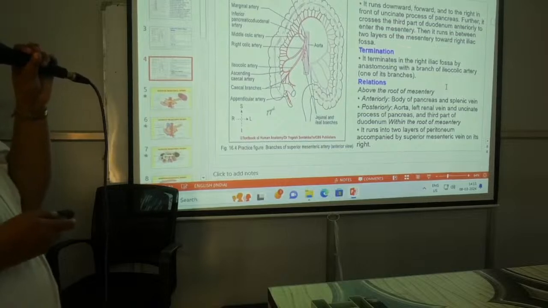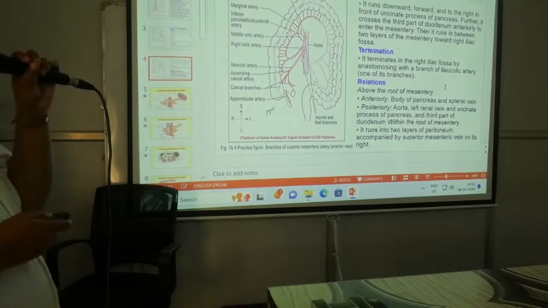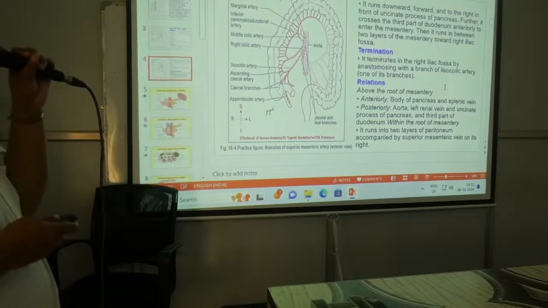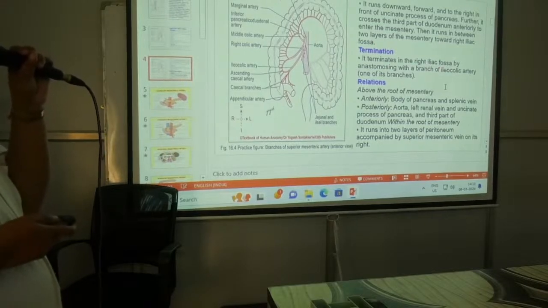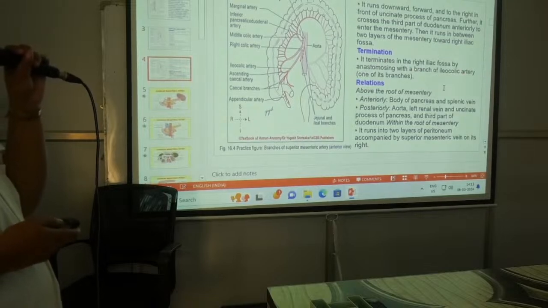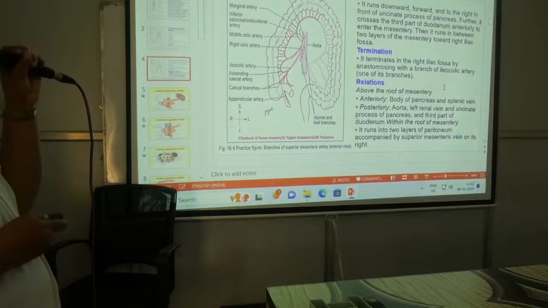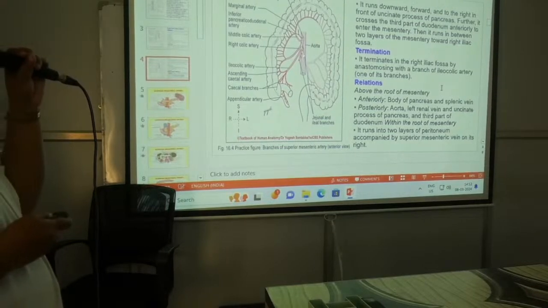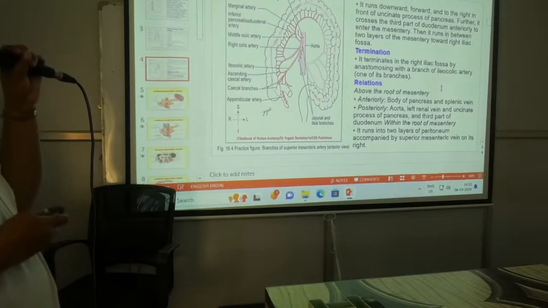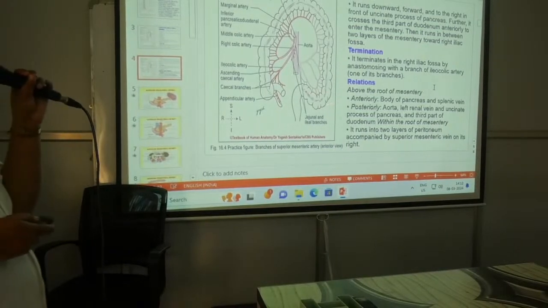Okay. Yesterday we saw the mesentery and the superior mesenteric artery entering the mesentery. How does it terminate? It terminates in the right iliac fossa by anastomosing with the branch of the ileocolic. This is the ileocolic, the descending branch of the ileocolic anastomoses with the terminal branch of this superior mesenteric artery.